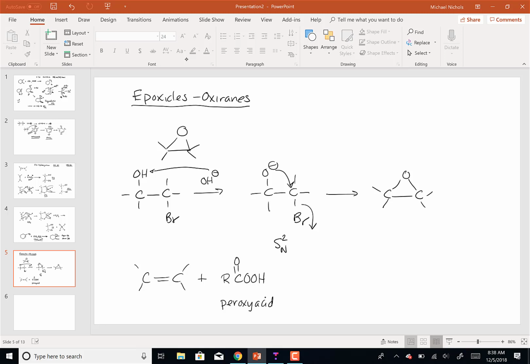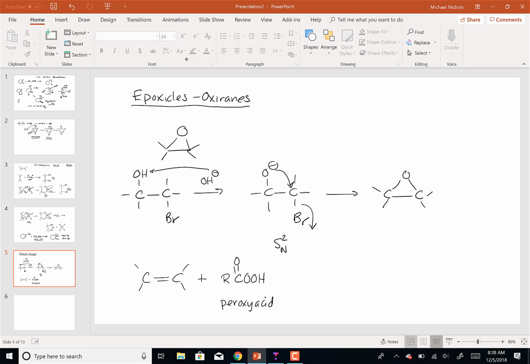Hydrogen oxide would be water, but hydrogen peroxide means I've got an extra oxygen in it, which makes it HOOH. So if I have a carboxylic acid and I turn it into a peroxy acid, I just add an additional oxygen in there. And so that extra oxygen is going to plop itself right on top of the double bond and make the epoxide.